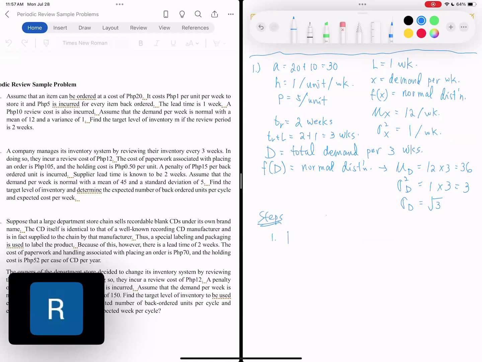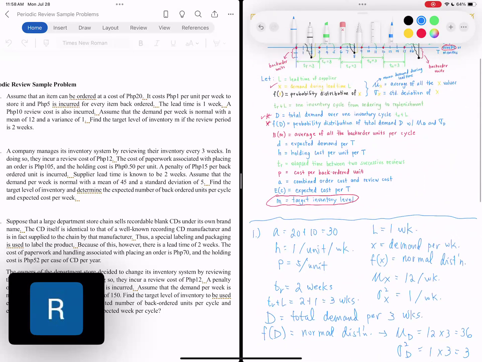Just use this: probability that capital D is greater than M, because the limits of the integral are from M to infinity, so that's the random variable D greater than M. And the formula for the critical ratio is H times TR all over P. The formula was derived based on these definitions here.